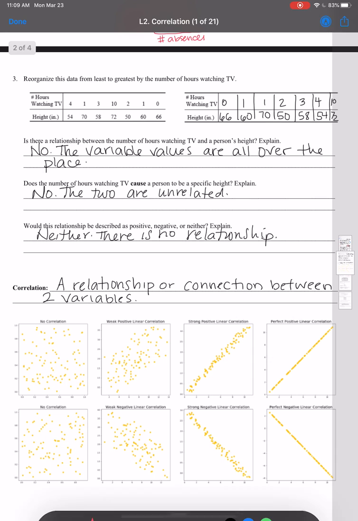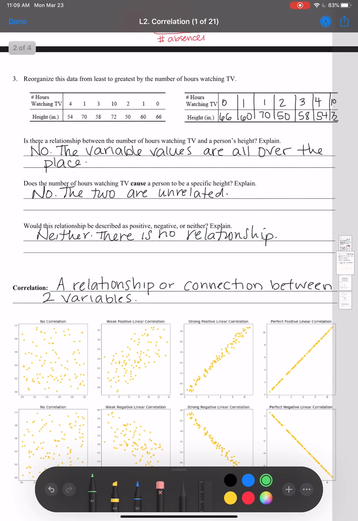The next example we have is where the 2 variables are the number of hours watching TV and height, like the actual height of the person watching TV. And if we organize this by the number of hours watching TV, you can see that these numbers are all over the place. 66, 60.